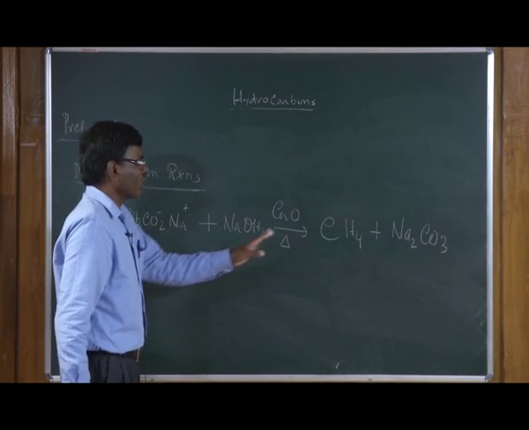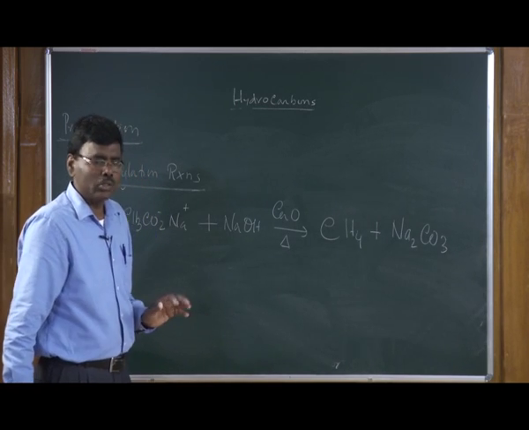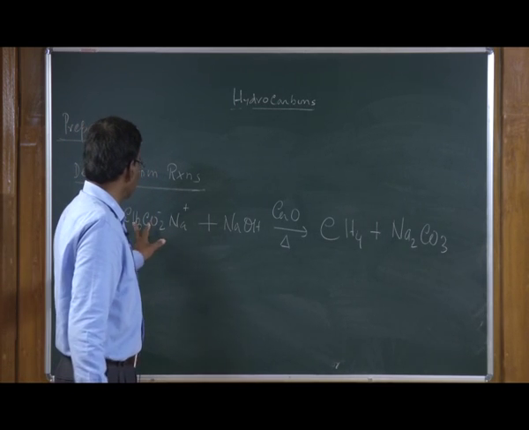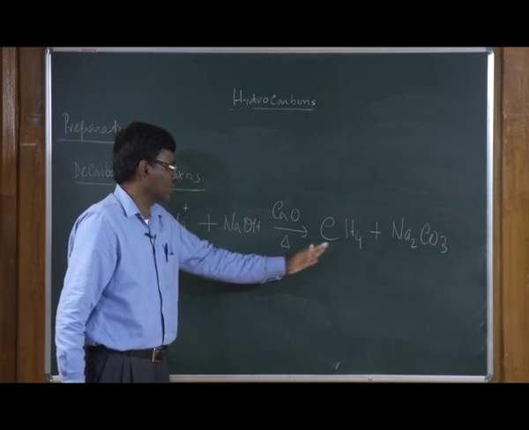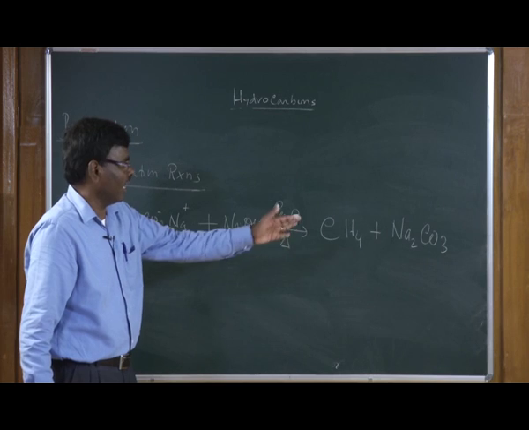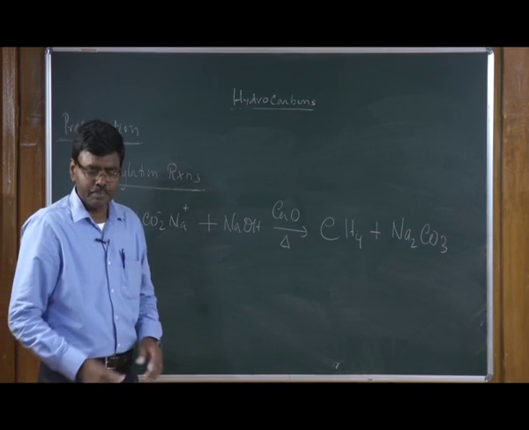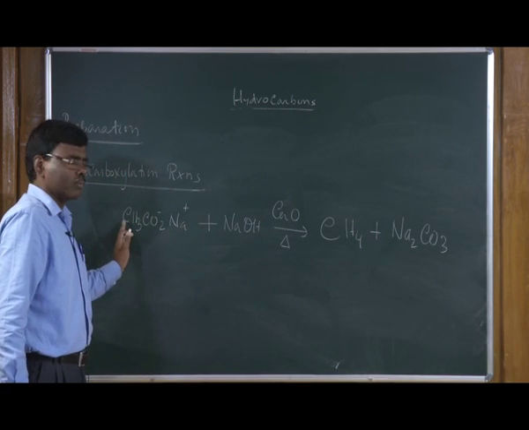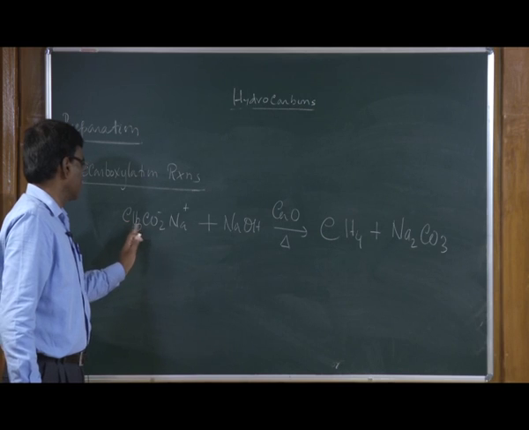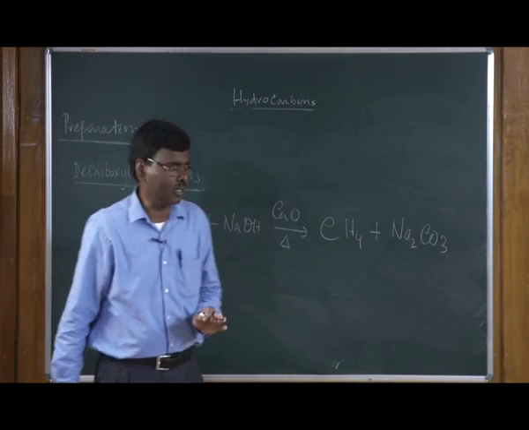The byproduct is sodium carbonate, and this is one of the methods used to make alkanes. Whenever you treat a sodium carboxylate with soda lime and heat it, you can generate an alkane. This is called a decarboxylation reaction. You lose 1 carbon in this, so you will get an alkane with 1 carbon less.